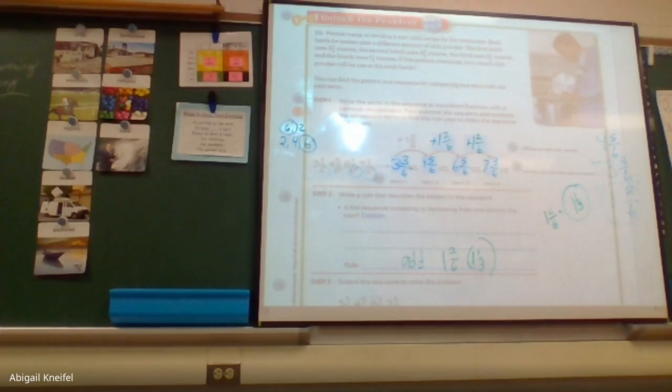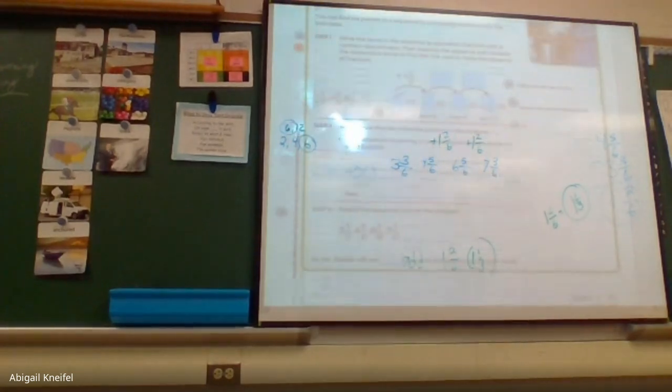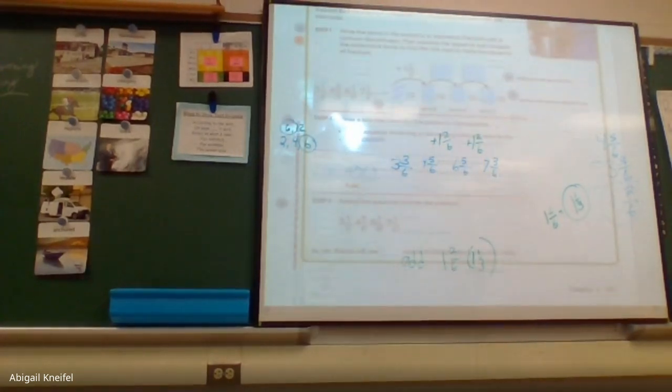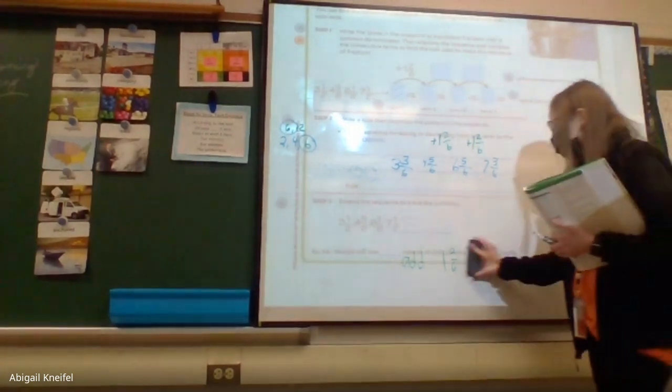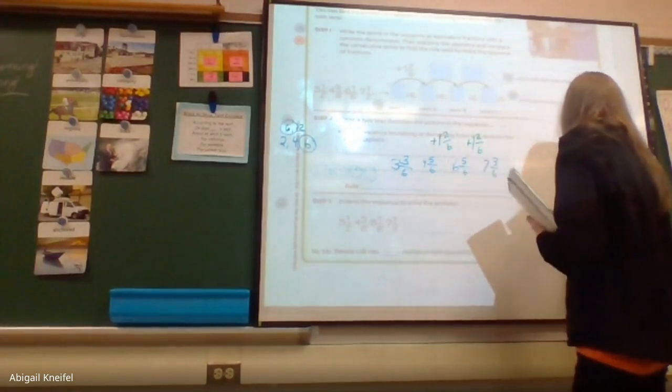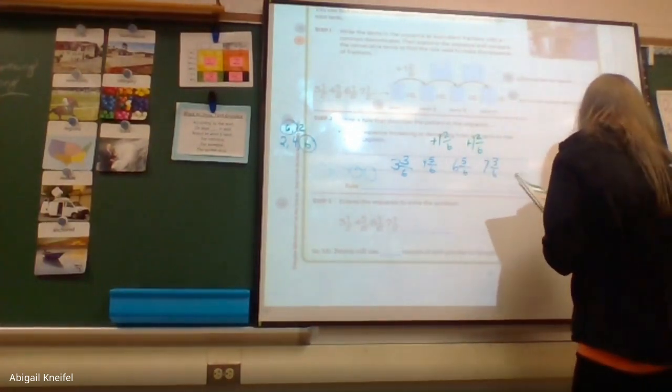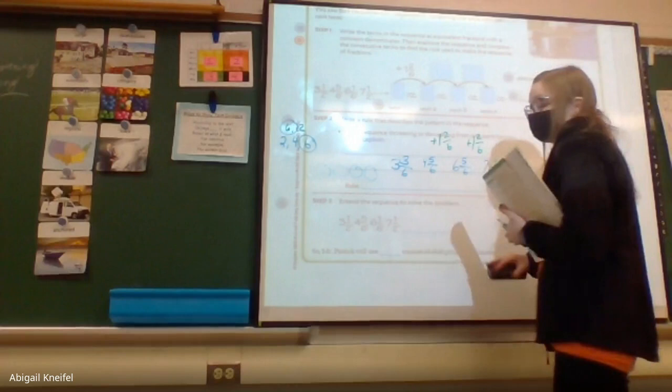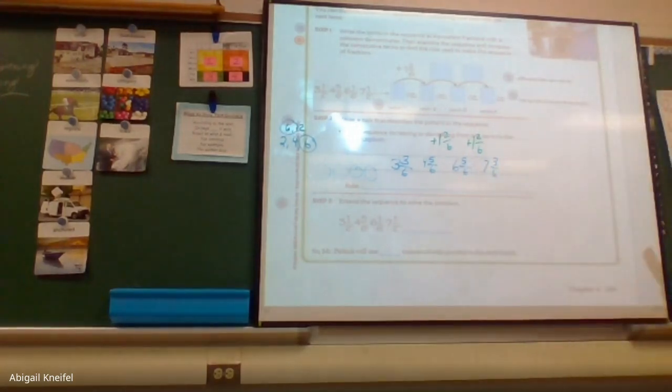So now we need to figure out step 3. We need to figure out sequence 6. How much is in the 6th batch? Well, in order to find out how much is in the 6th batch, we need to find out what? How much is in the fifth. The 5th.